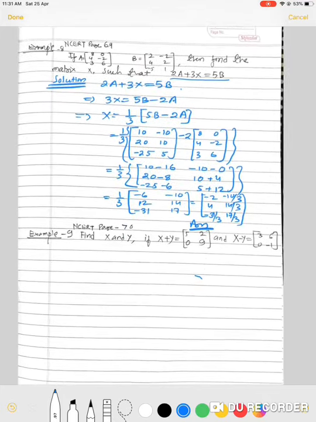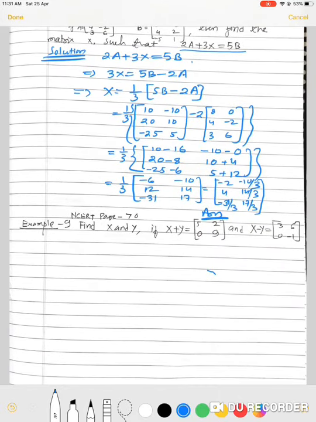So here, solution. X plus Y plus X minus Y. What will we get here? We add both matrices.